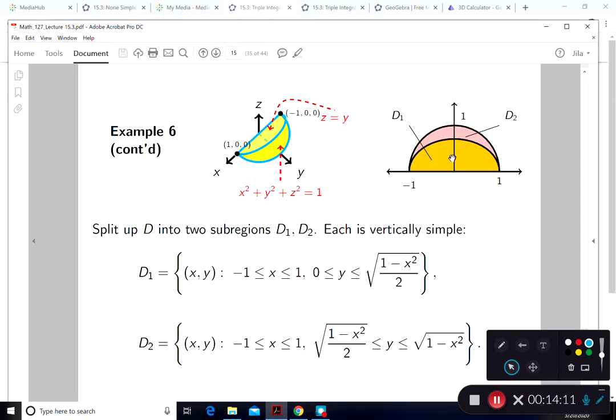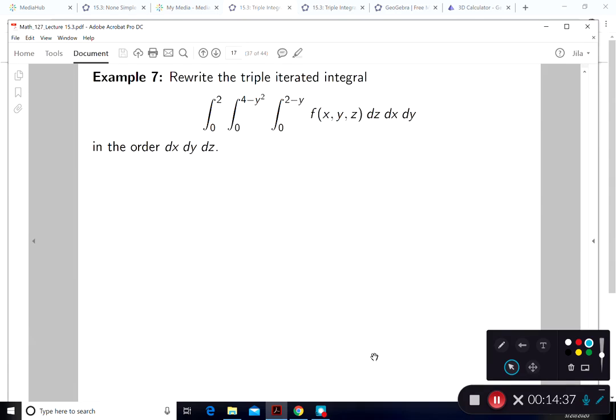The orange region is when x is between -1 and 1, and y is between 0 and the value you get when you solve x squared plus 2y squared equal to 1. And here is D2, the pink part, where y is sitting between that and this, and x is still going between -1 and 1.